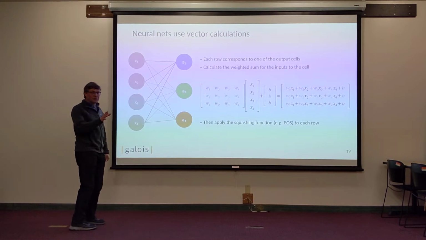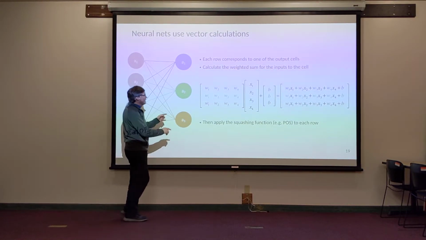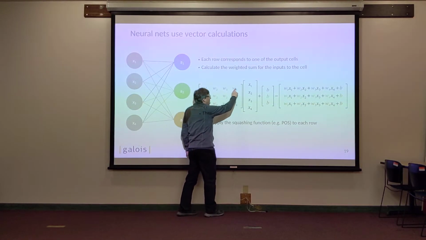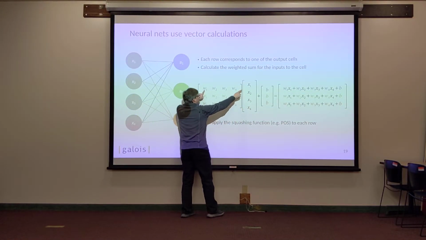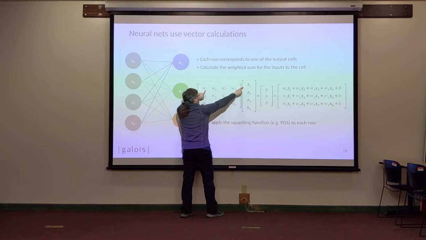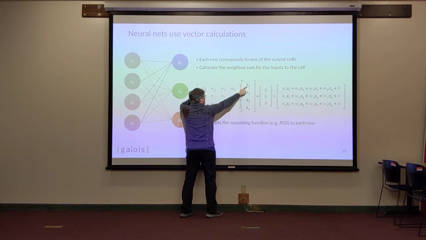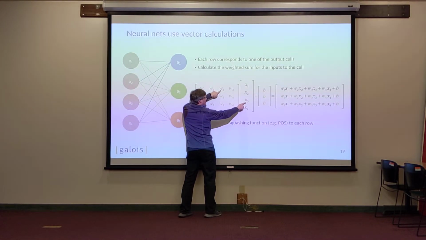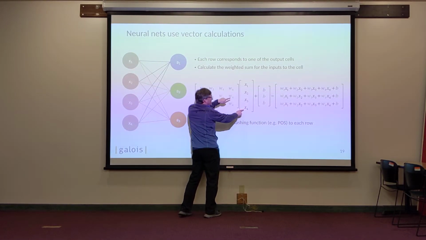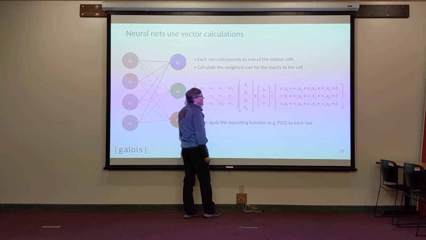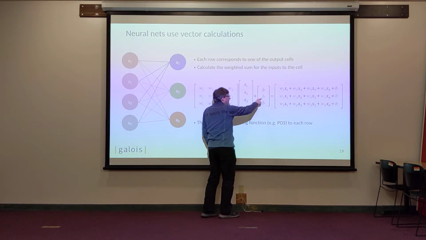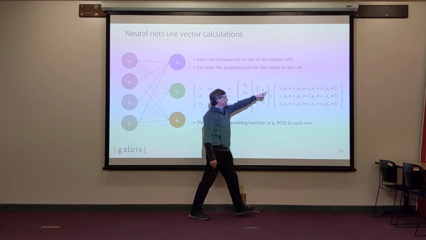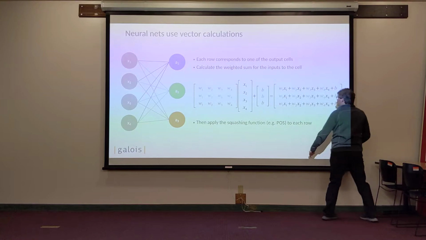So I'm not going to teach you matrices, but I'll just give you an idea. The way that you do this calculation is you take this row and this column, and you do the multiplication piece by piece, x1 times w1, w2 times x2, w3 times x3, and w4 times x4. You add those up. And then at the end, we'll add the corresponding first row of this, the blue B. And that's what we get out here.